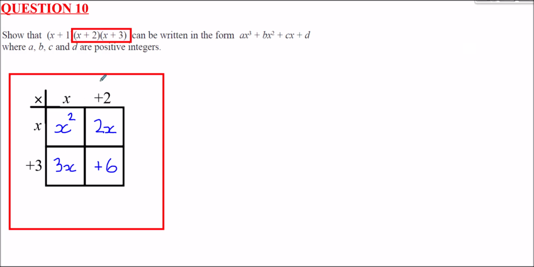So what I have here, if I combine all this into one, I'm going to have x squared. 2x's plus 3x's gives me a total of 5x's. And finally, the plus 6.